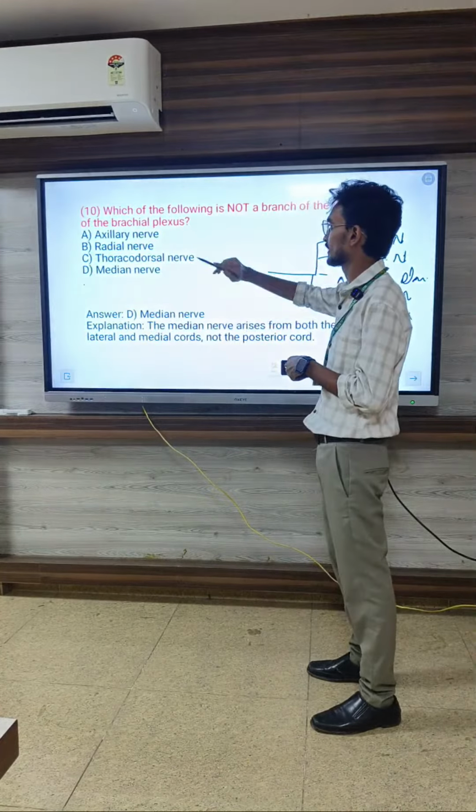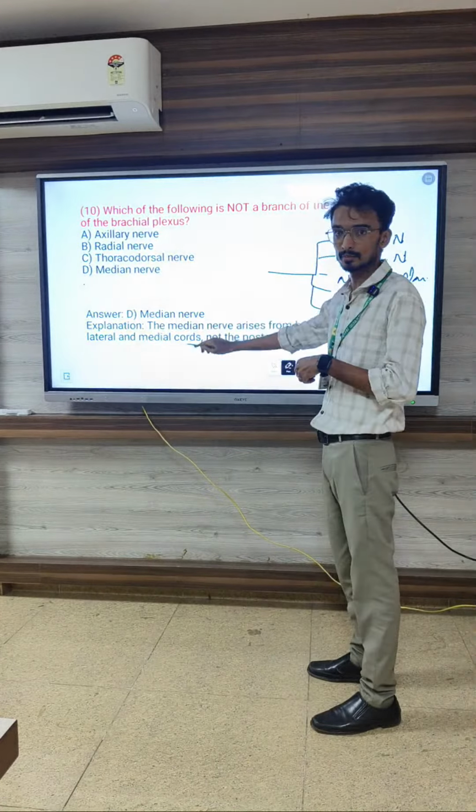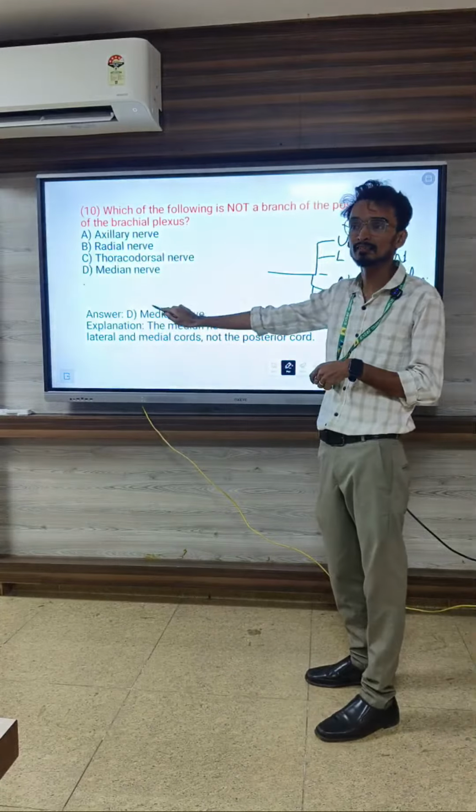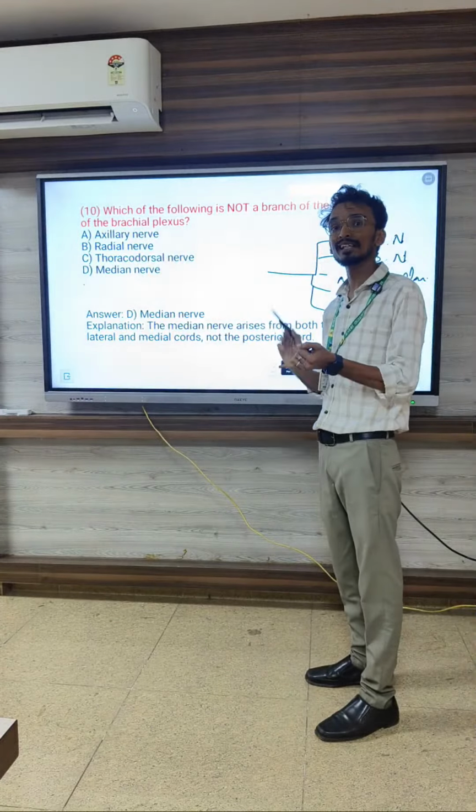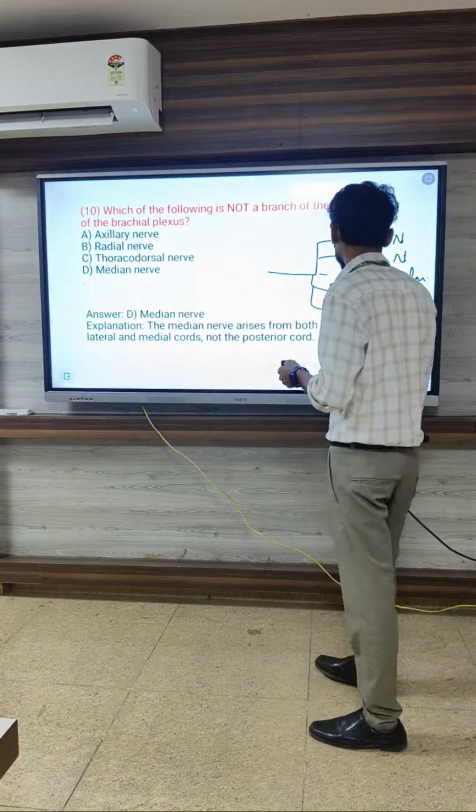These are considered branches of the posterior cord, but here we don't consider the median nerve. The median nerve is a branch of the lateral and medial cords.